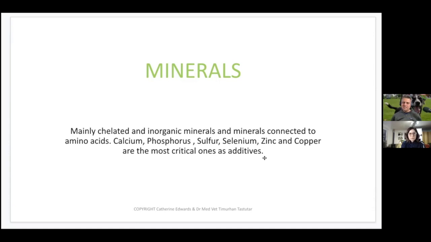So you can have chelated and inorganic minerals, and minerals connected to amino acids. That's what the body loves the most. The minerals, especially zinc and copper, connected to some amino acid or sulfur. That's the best quality ones, bioavailable and the highest quality for the body. So they have fewer side effects and more than one effect.